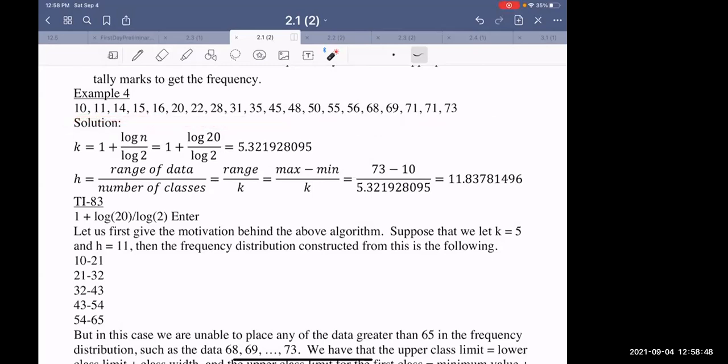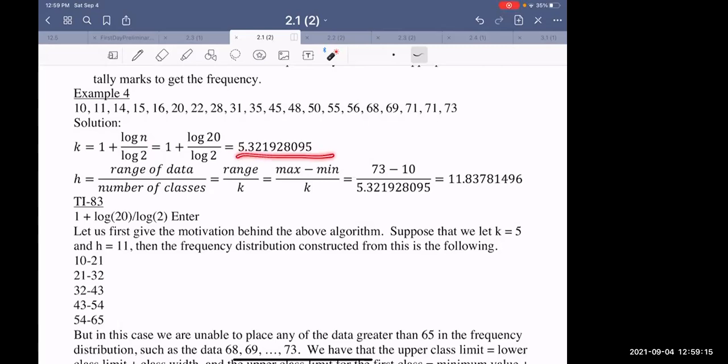N is the sample size. 2, 4, 6, 8, 10, 12, 14, 16, 18, 20. N is 20. Plug this into your calculator. See what you get.